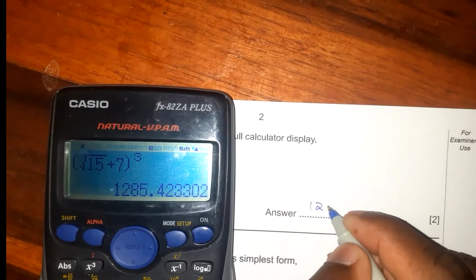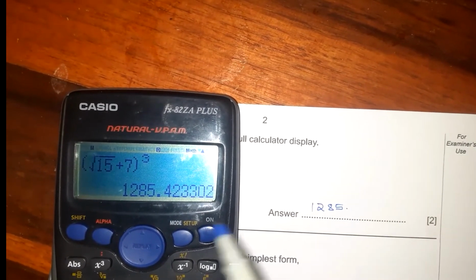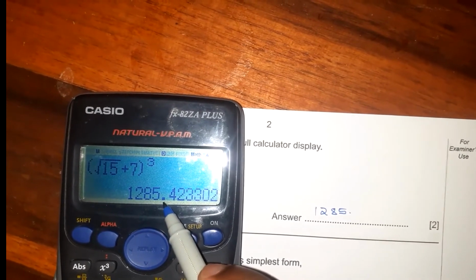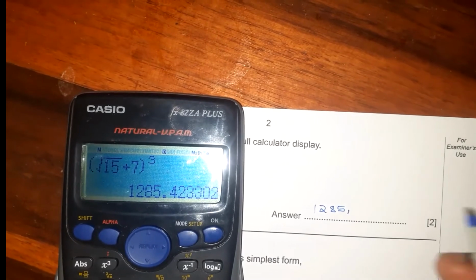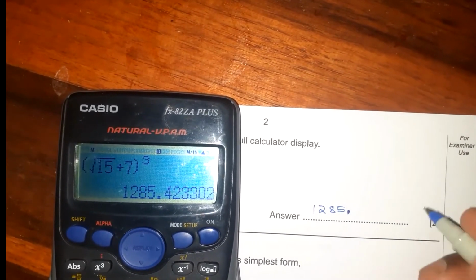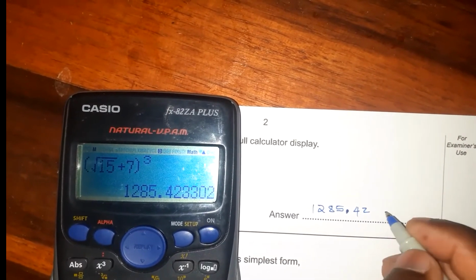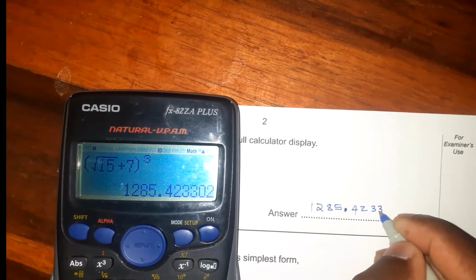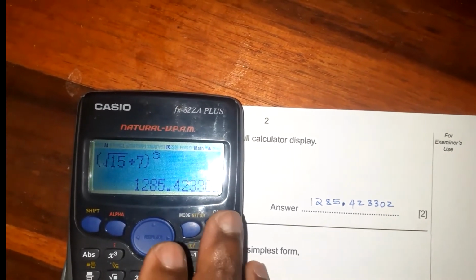This 1, 2, 8, 5, and be very careful with this decimal here. Don't write it this way, it's not a comma. Write a full stop. I don't know what you call it, but yeah, you need to write that, and then 4, 2, 3, 3, 0, 2, and that is the answer.